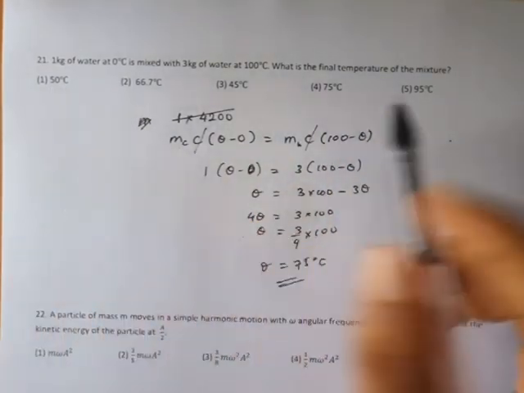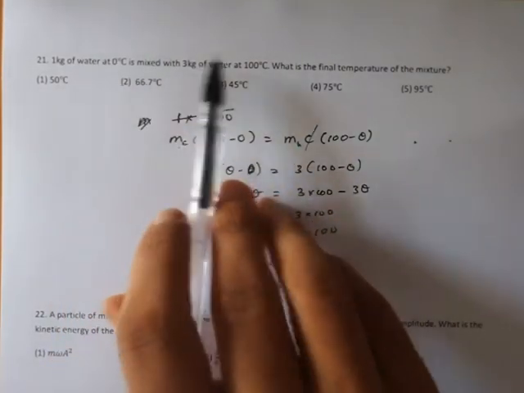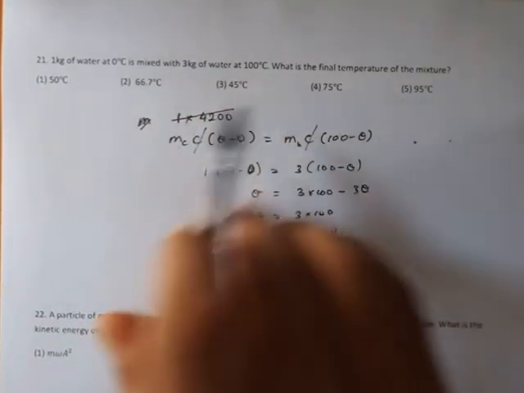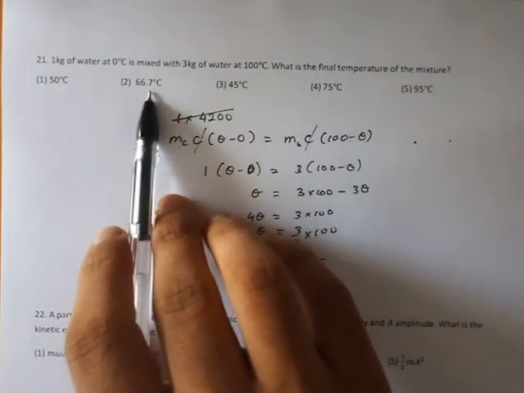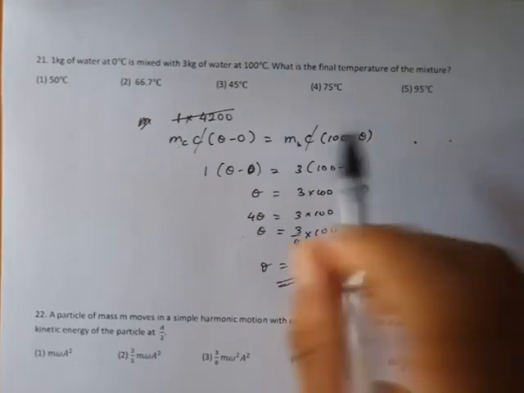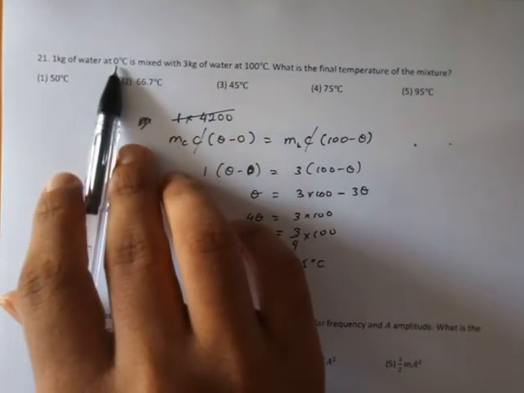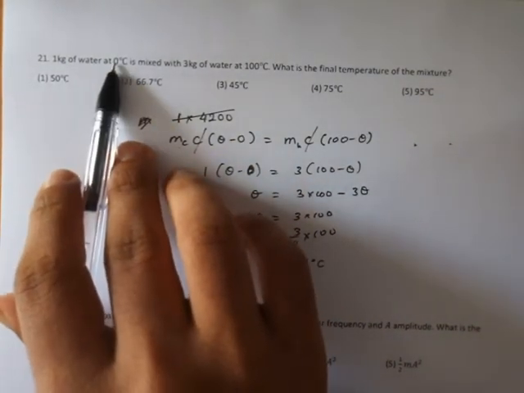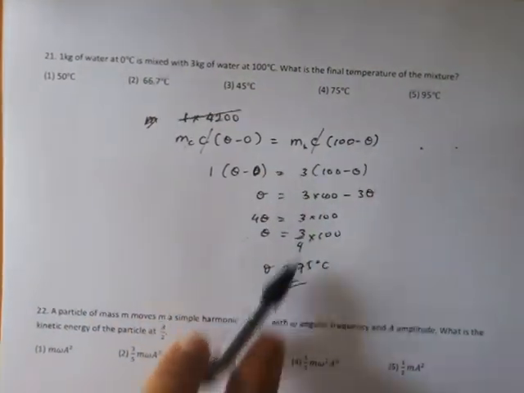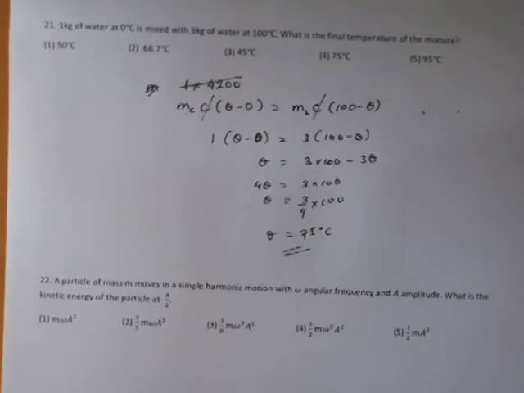Or if I add 1 kilogram of this and 2 kilograms of this, then the mass ratio is 1 to 2, so we get 66.7. There's a pattern, you can understand, but this is not true for everything. Here we consider 0 Celsius water. If I consider 0 Celsius ice, then this is not true. Anyway, that's the thing.